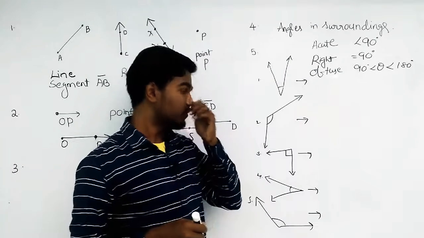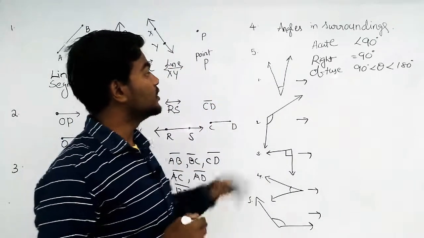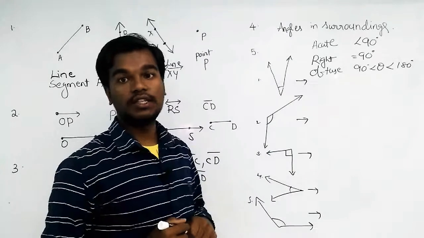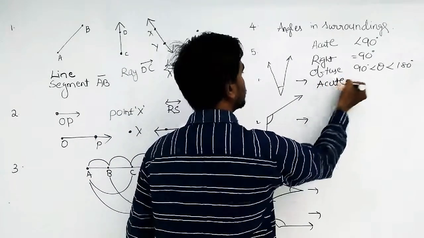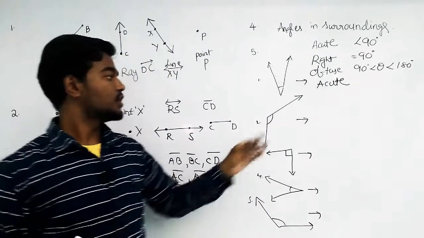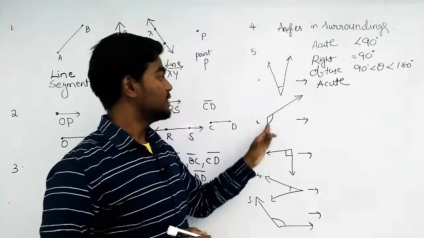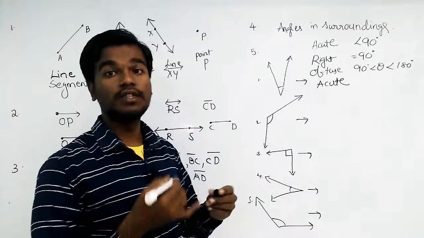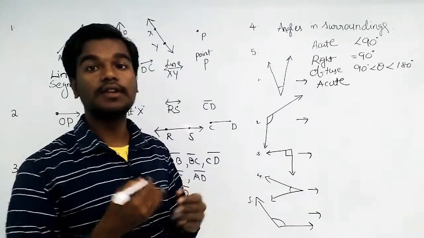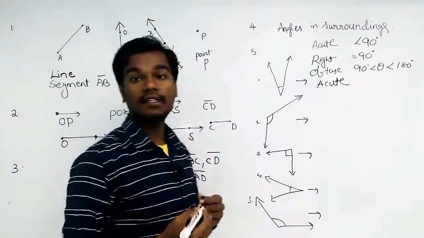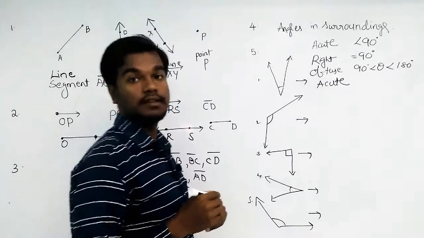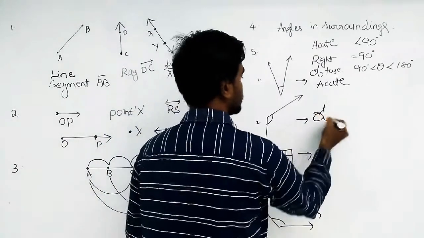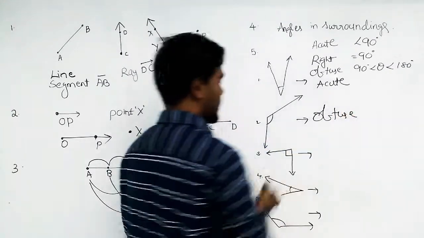So in the first figure, it is less than 90 degrees, so you can take it as acute. Acute. And the second one is more than 90 degrees. If you see the figure, you can easily understand what the angles and the answers are. So this one is obtuse, and this one is exactly 90 degrees.